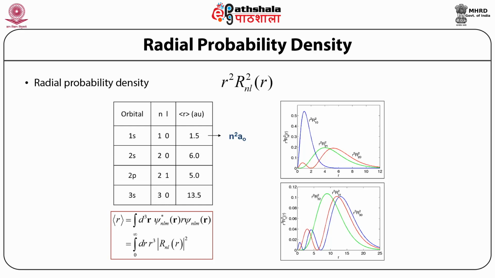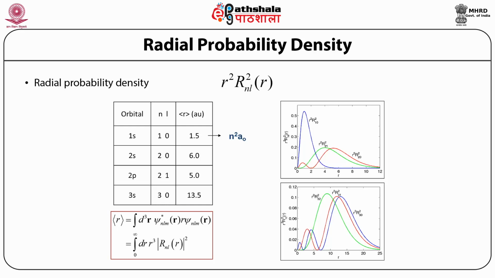Correspondingly, the probability densities are shown by the red and green graphs respectively for the 2-0 and 2-1 combinations of n and l.